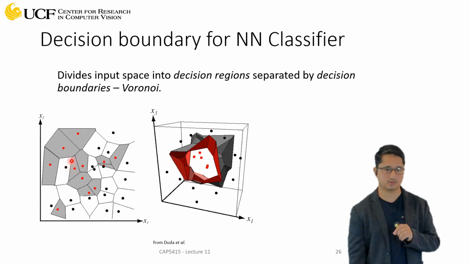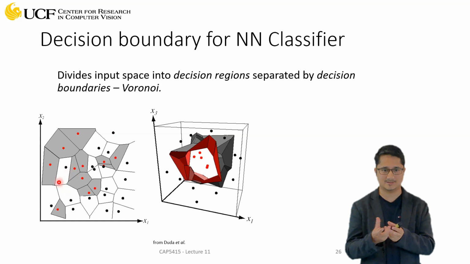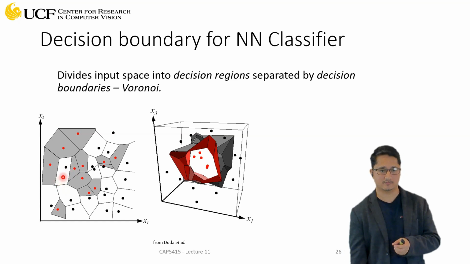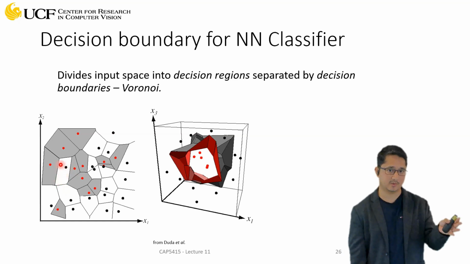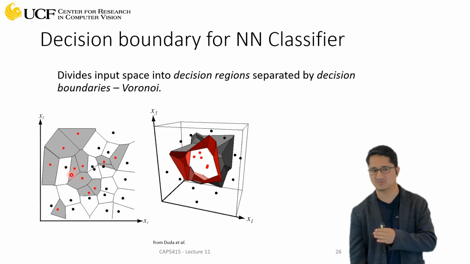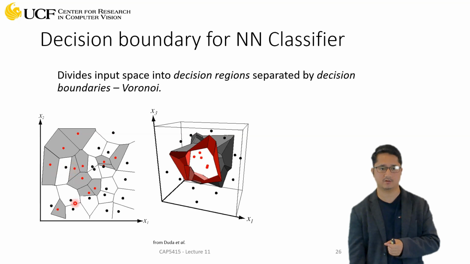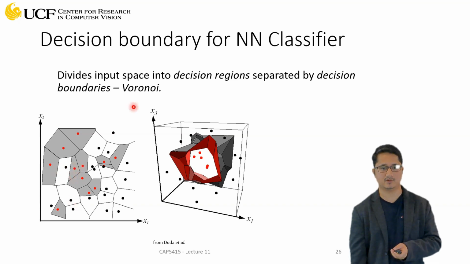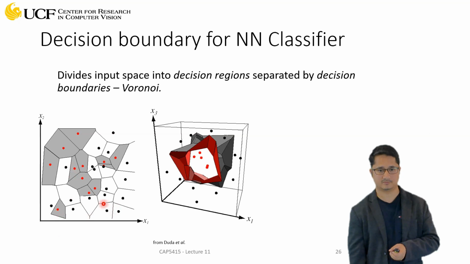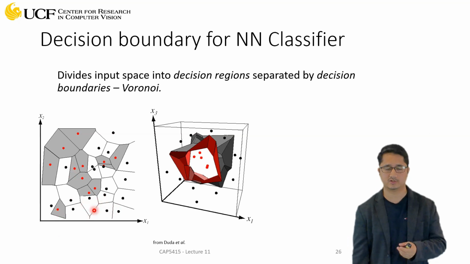Any point on this line is equally distant from these two points. If a point is towards black, it's the black category; if it's towards red, that's the red category. You do that for all pairs of samples, and that gives you this Voronoi plot. That's how the decision boundary will look.